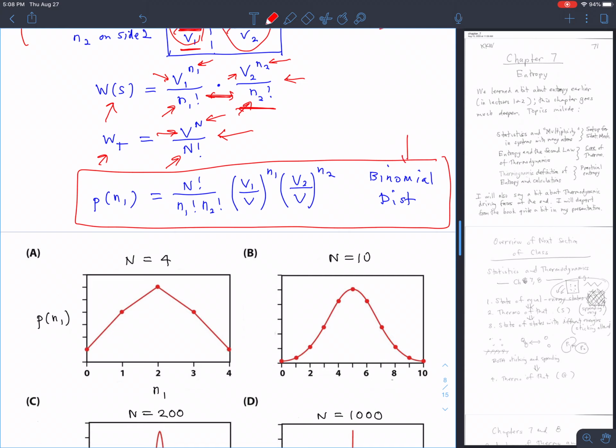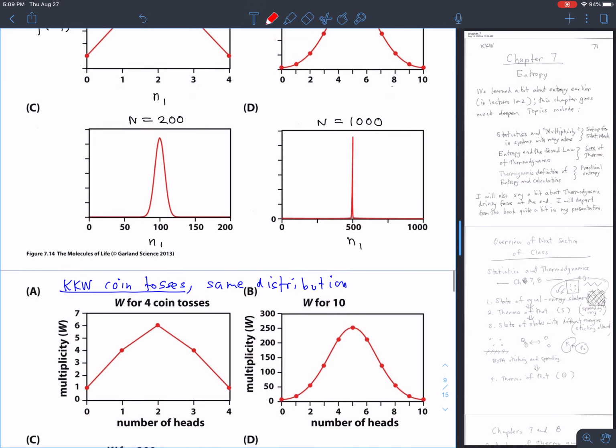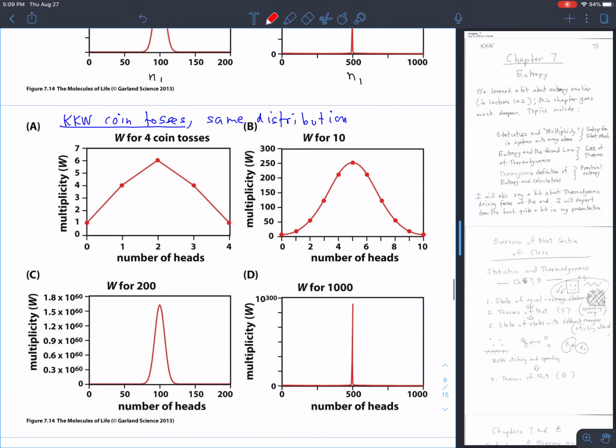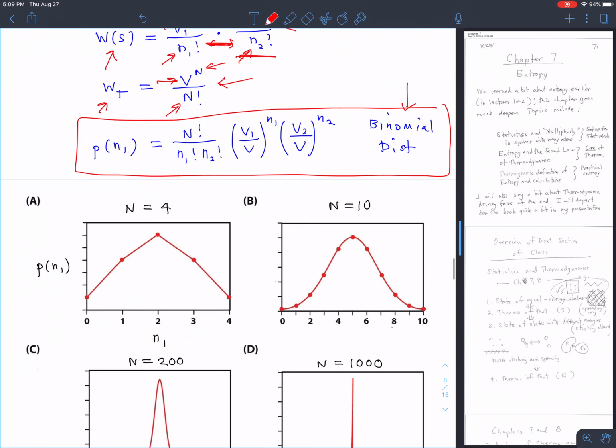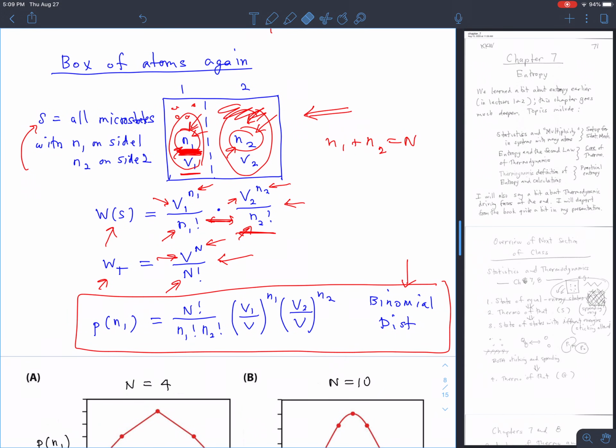It's just about the most common discrete distribution that there is. And it's exactly the same distribution that your book talks about, but it's talking about a slightly different case. It's talking about coin tosses. Coin tosses have the same distribution as the number of molecules on the two sides. And you can see that that's the case because suppose that you decided whether to put a molecule on side 1 or side 2 by a coin toss.